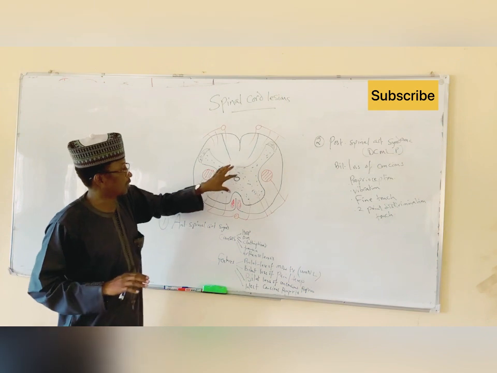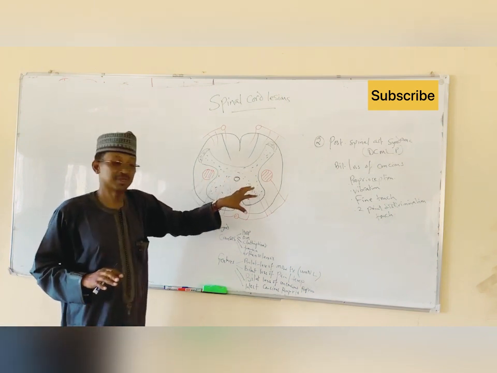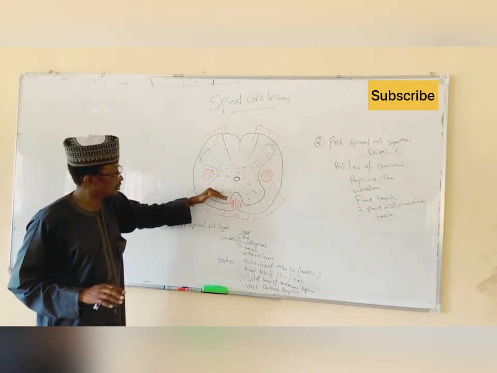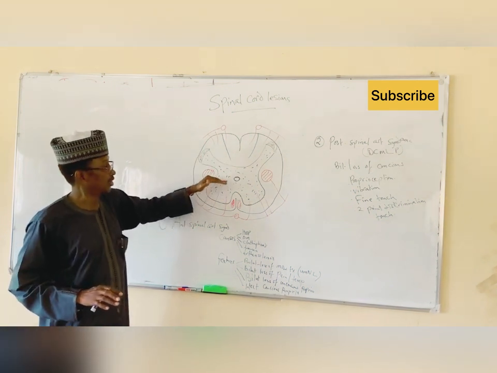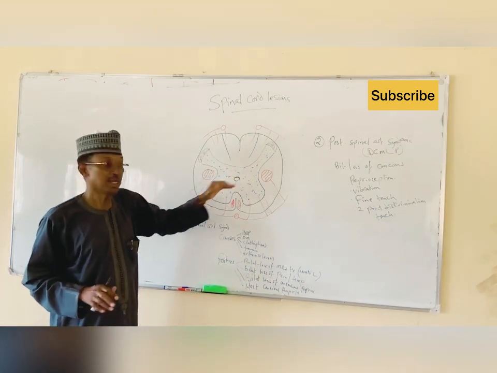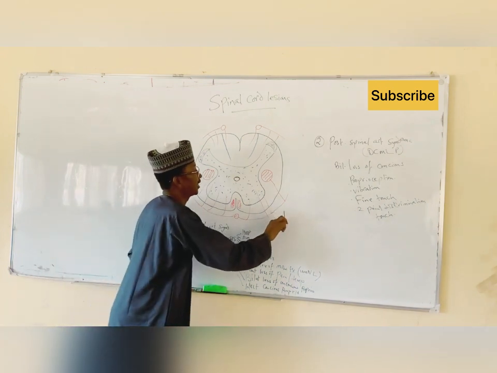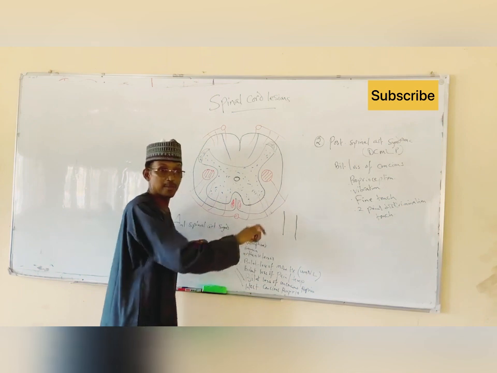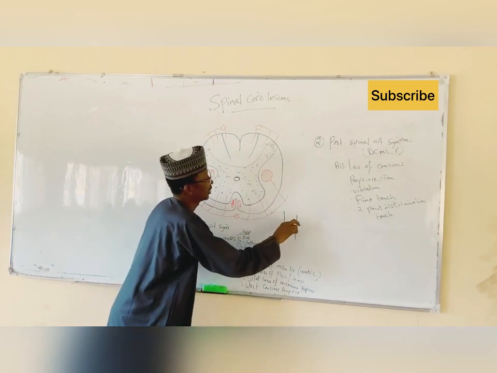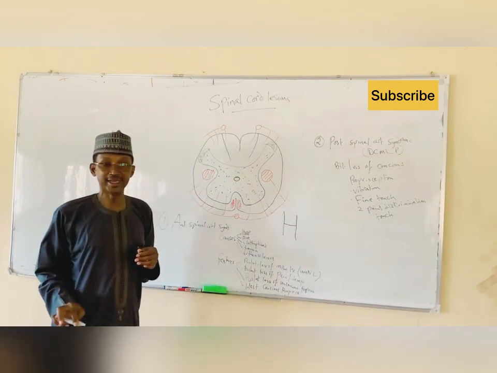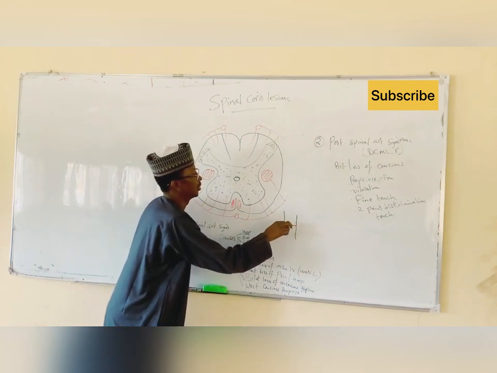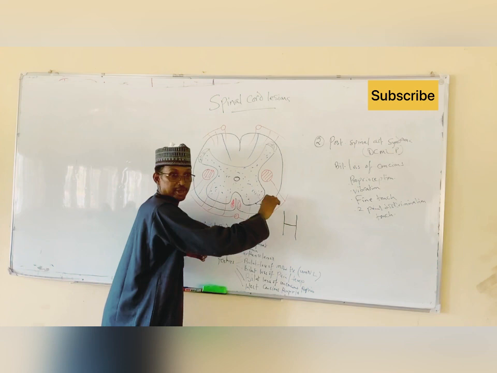Because if you look at the figure H shape, you have what we call the posterior limb of the H, you have the anterior limb of the H, and then you have the horizontal limb. Just like when you draw a figure H like this, you have the vertical arms, and then you have the horizontal arm like that. So this horizontal arm or limb divides this vertical arm into two.